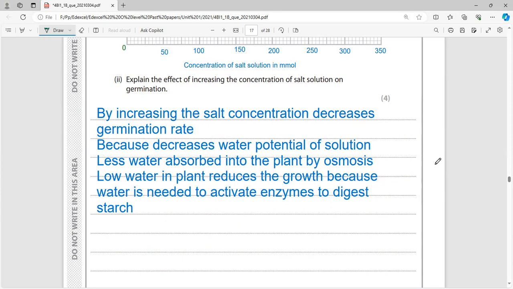This is your 3rd mark. And low water in the plant reduces the growth because water is needed to activate enzymes to digest starch. So that way, you are describing the graph in the first sentence, and the last 3 sentences are for explanation of that relevant description. So that will be 4 marks here.